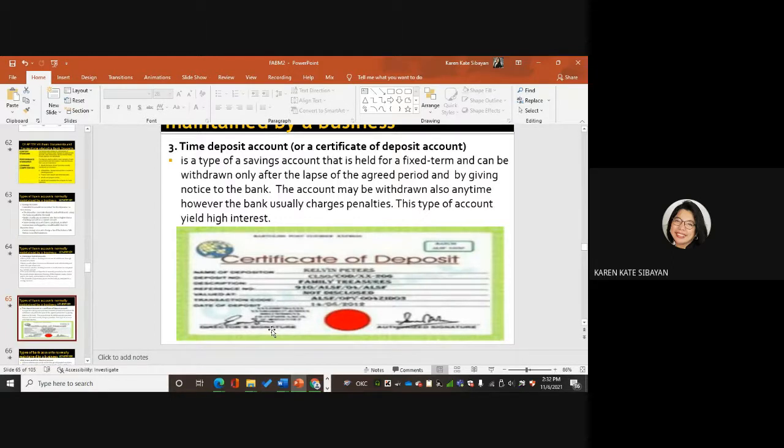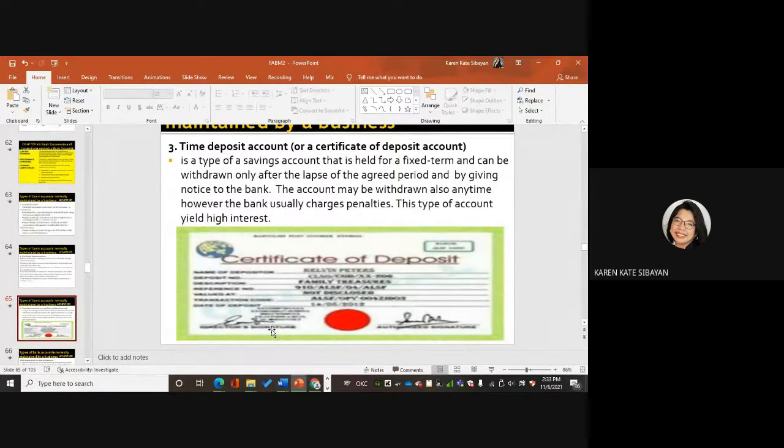So, for example, usually 10,000 yata yung para pwede kang makapag-time deposit. Ibig sabihin, yung dineposit mong 10,000 na yan, kunwari, depende kung 1 year, kung 10 years, pwede mo lang siyang ma-withdraw with a given period of time na sinabi mo para makapag-earn siya ng interest or agreed interest ng bank ninyo.